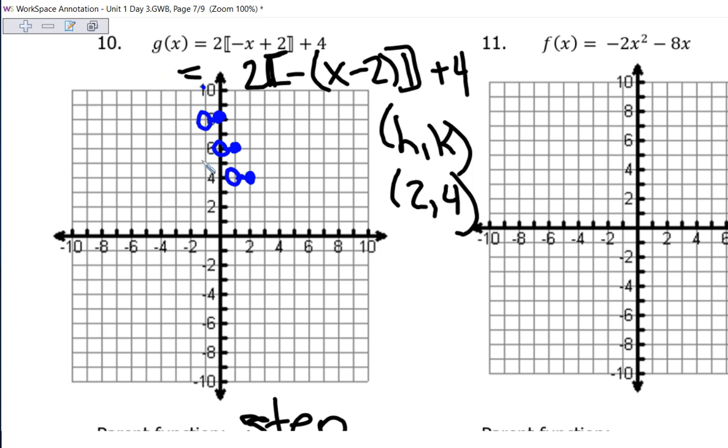And fill up your graph completely. So for the step function, the A value just tells you how many units to go up to make the next step. So if there were a 3 out front, how many units would you go up? 3.